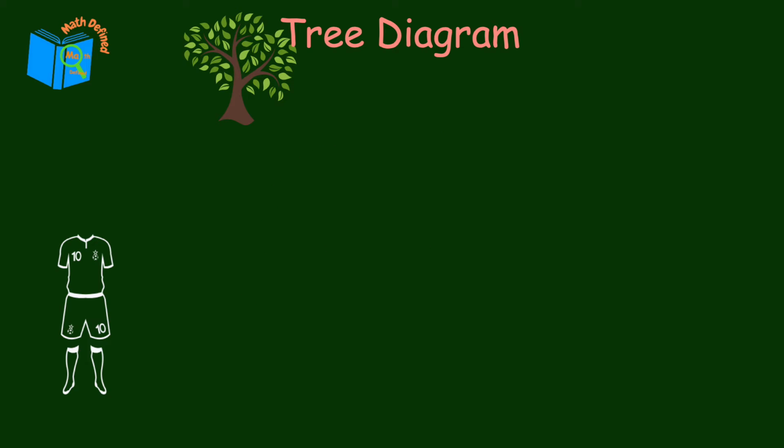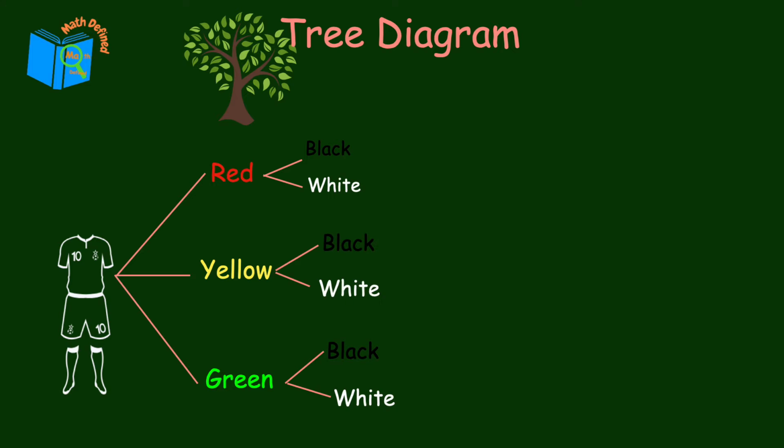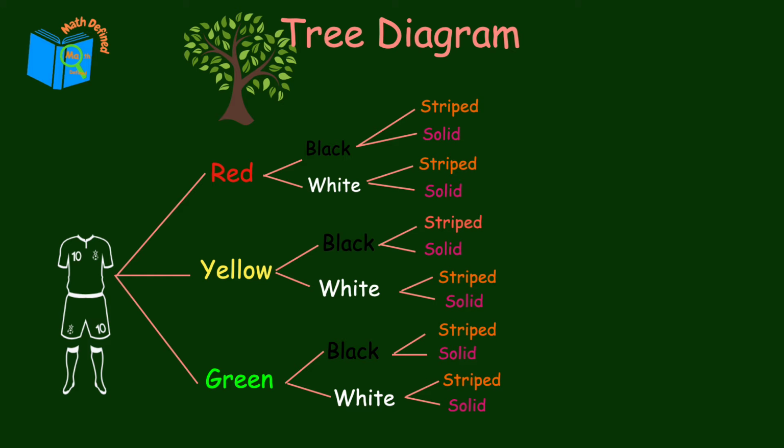We'll start with the shirts. Since we have 3 choices, red, yellow, and green, we'll draw 3 branches, one for each color. From each shirt option, we'll add 2 more branches for the shorts, black or white. Then for each shirt and shorts combination, we'll add 2 more branches for the socks, striped or solid.